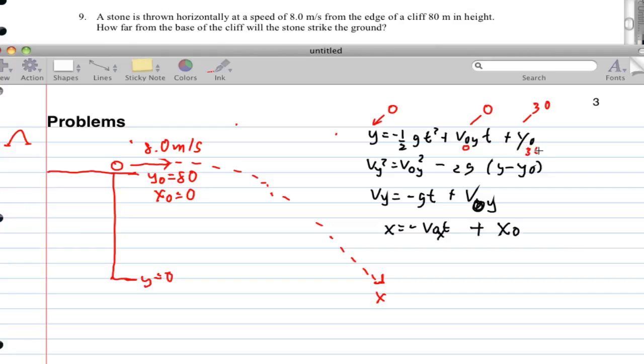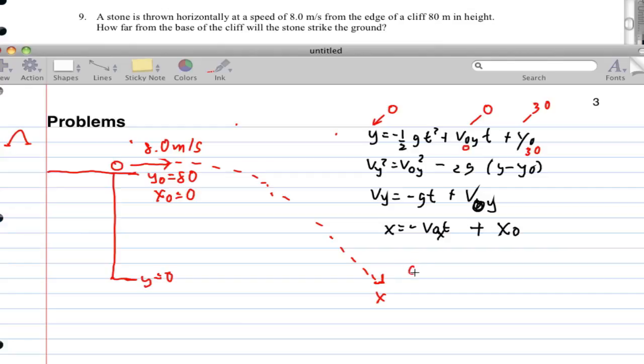Again, this is just like what we did in the previous unit. They asked me for the x distance, and I can't get that right away because I don't have time. So maybe I can solve for time and just see what happens. So I'm going to go ahead and plug this into the formula for y.